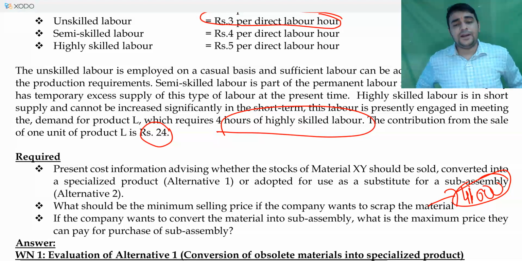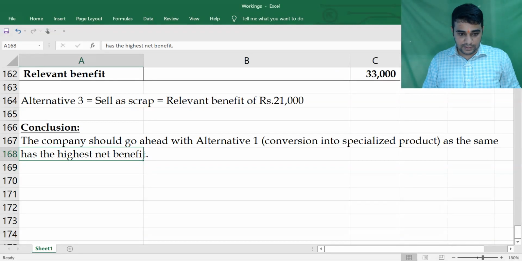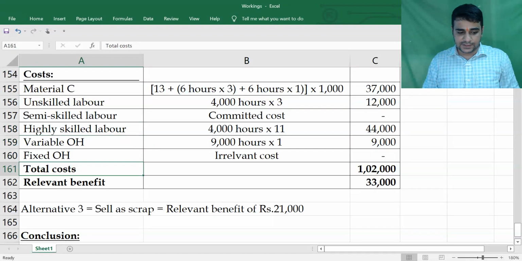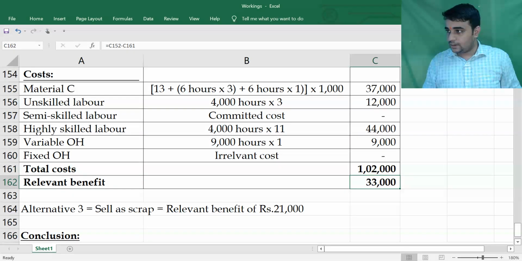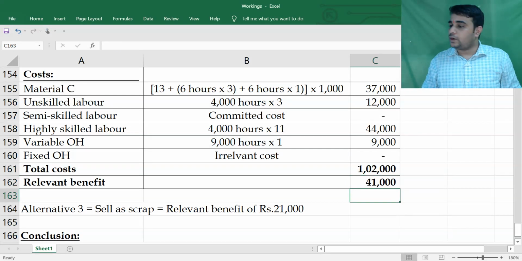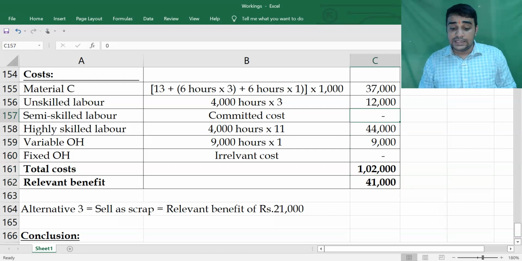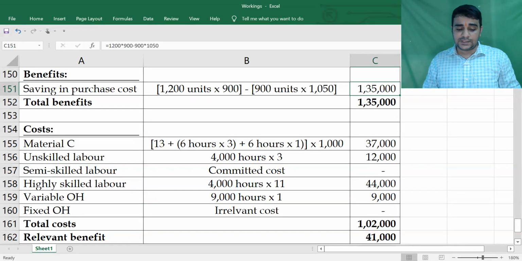Okay, if the company wants to convert the material into sub-assembly, so you are saying I'll go ahead with alternative 2. What is the maximum price they can pay for purchase of sub-assembly? Now listen. Here the relevant benefit is 33,000. I want this to become 41,000. This will become 41,000 if this number is 1,43,000.